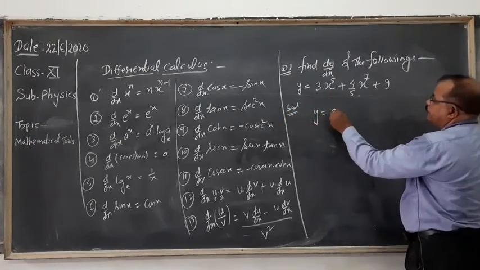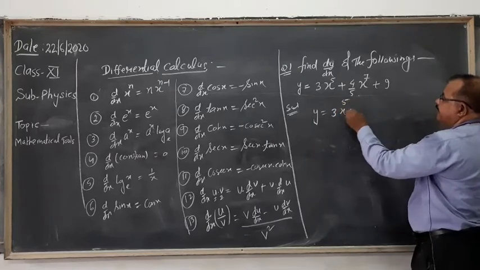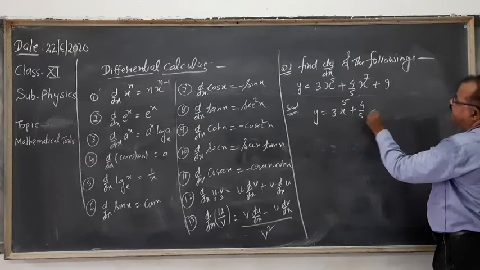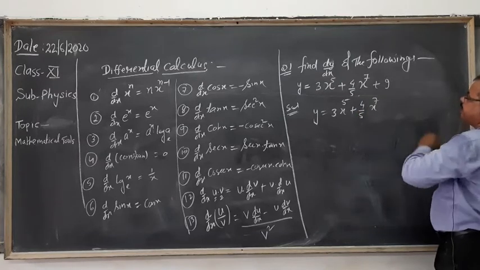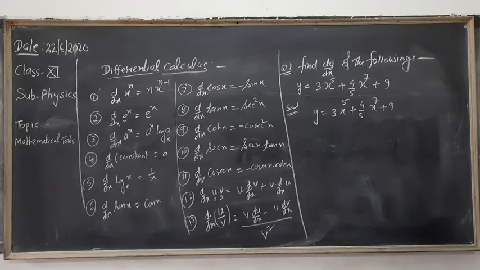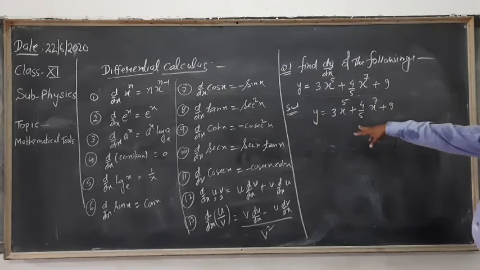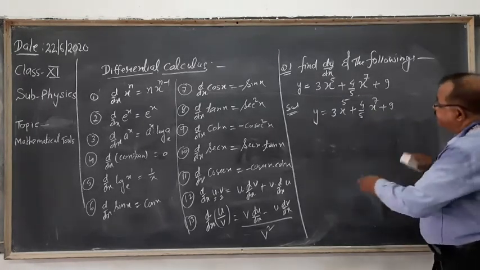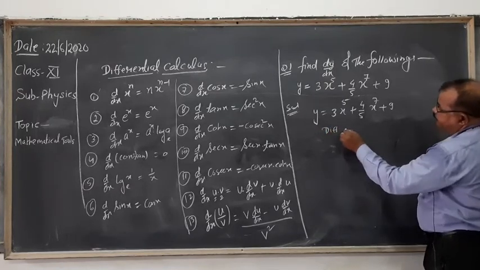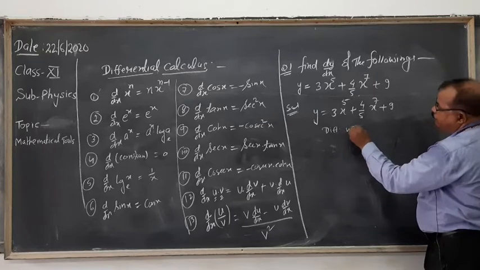y equals 3x to the power 5 plus 4 upon 5 x to the power 7 plus 9. Okay, so differentiate this equation with respect to x.